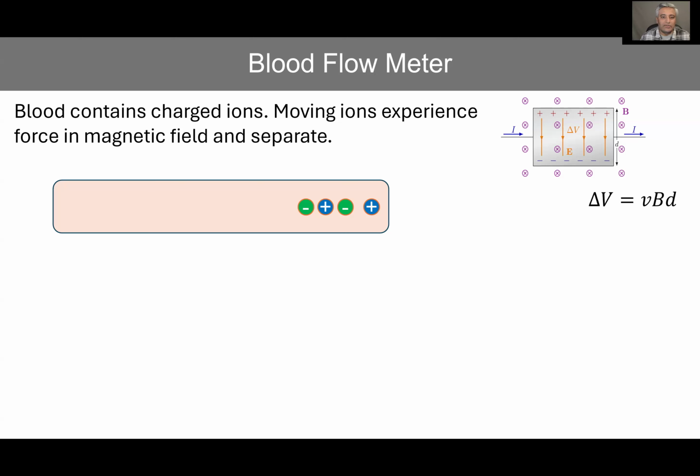Salt means sodium chloride. When you put salt in water, it separates into sodium and chloride. So our blood has all these different kinds of minerals that are transported to different parts of our body and absorbed. So it has these ions, and the blood is moving.